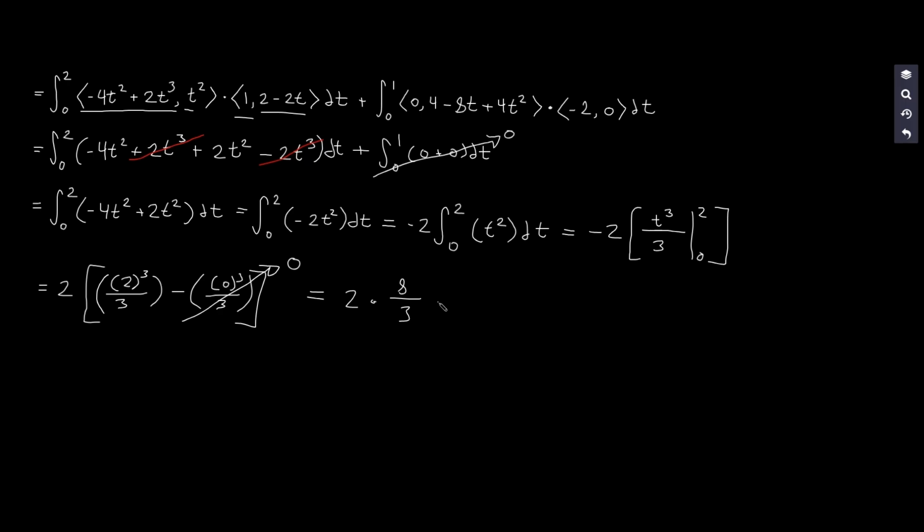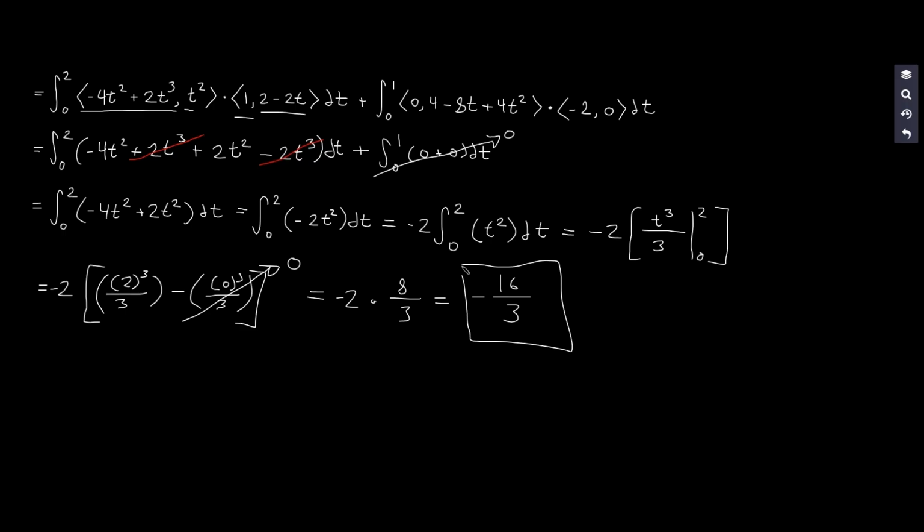Oh, this is a negative 2. What am I doing? I forgot the negative sign. Negative 2. Ah, there we go. This is going to be negative 16 over 3.